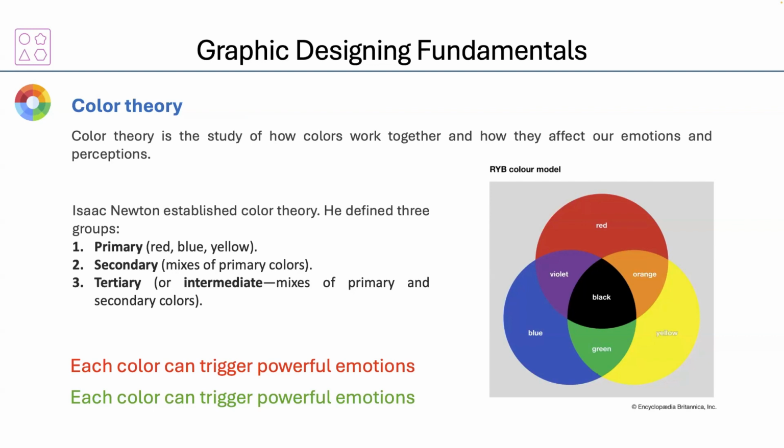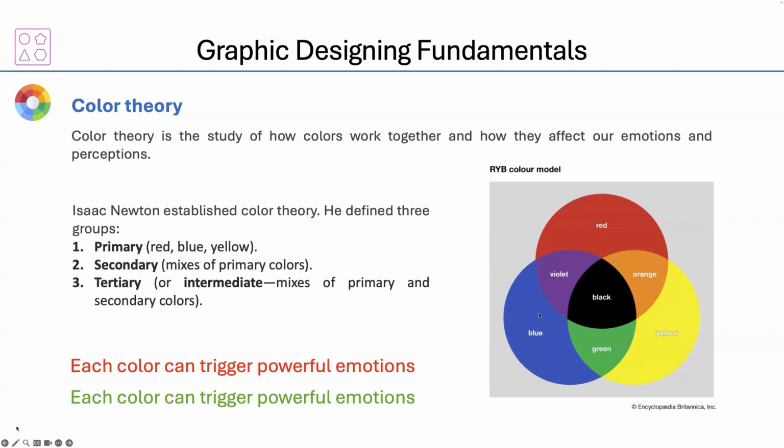If you know Isaac Newton, who was a good physicist, he gave the theory of colors and he defined the groups, like primary groups in which he kept red, blue, yellow. And the secondary groups are the mix of these three.